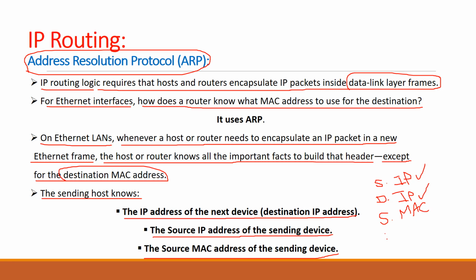But it still doesn't know the destination MAC address of the destination host. So this is missing. It knows all these three pieces of information and doesn't know this. So using ARP, it will know the destination MAC address so it can build that header and send a frame.